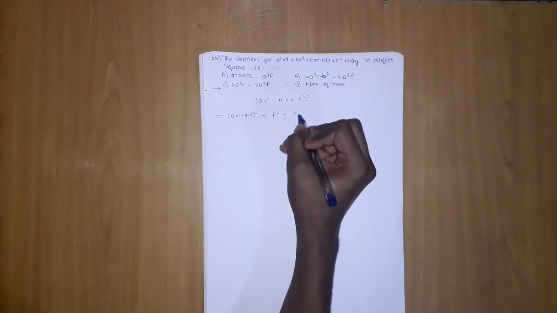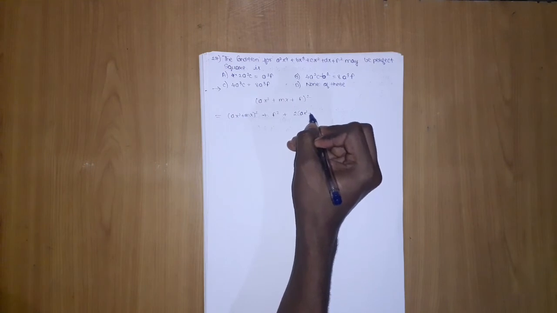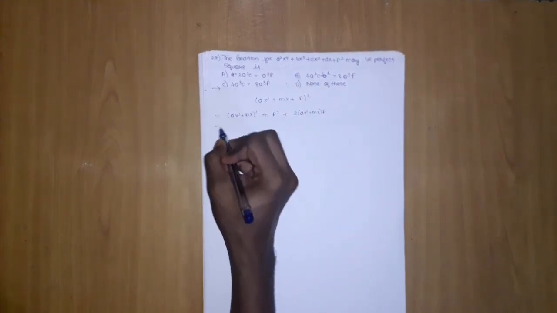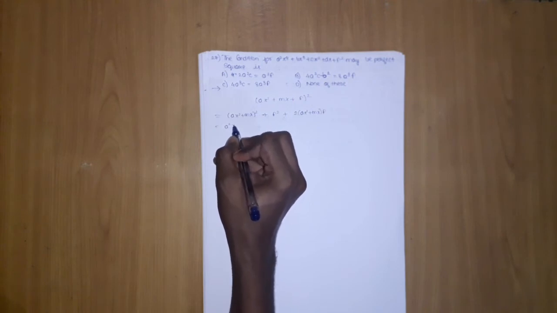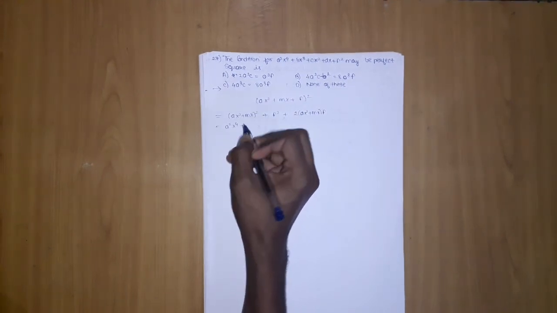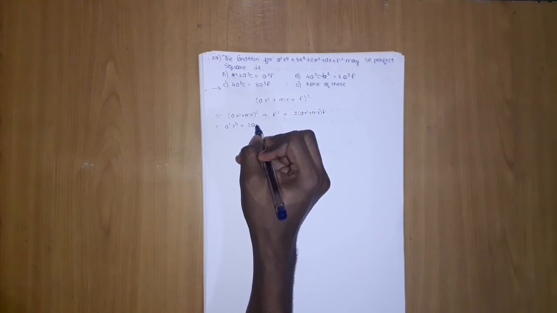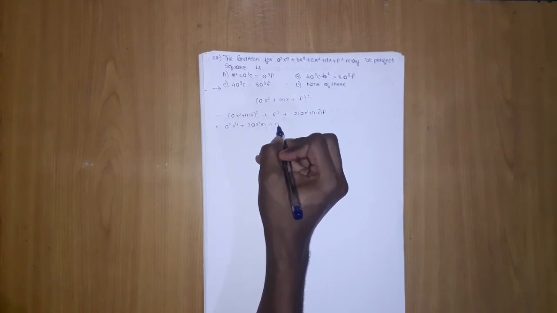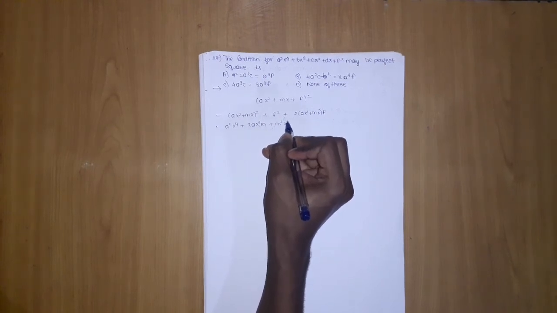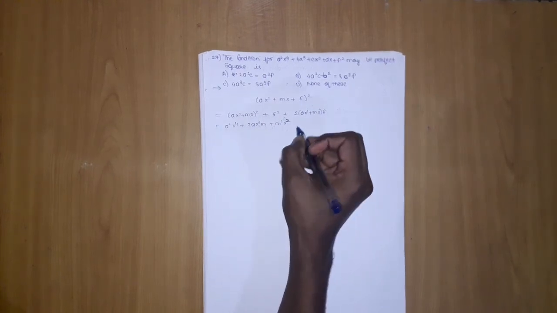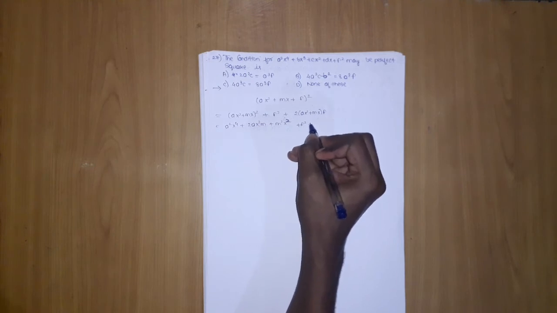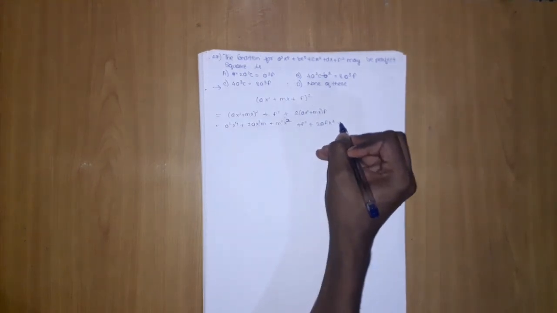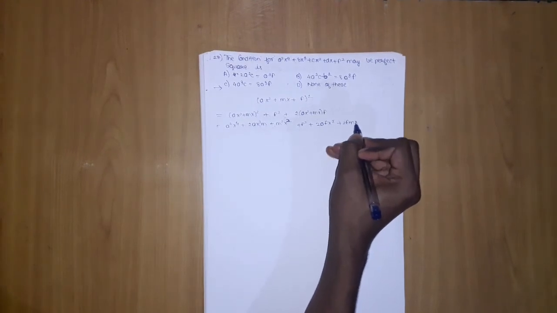Now 2 into ax square plus mx into f. Moving on further, this will be a square x raised to 4 plus 2a x cube m, sorry I have written x cube here. Then m square x square, f square plus 2af x square plus 2f mx.